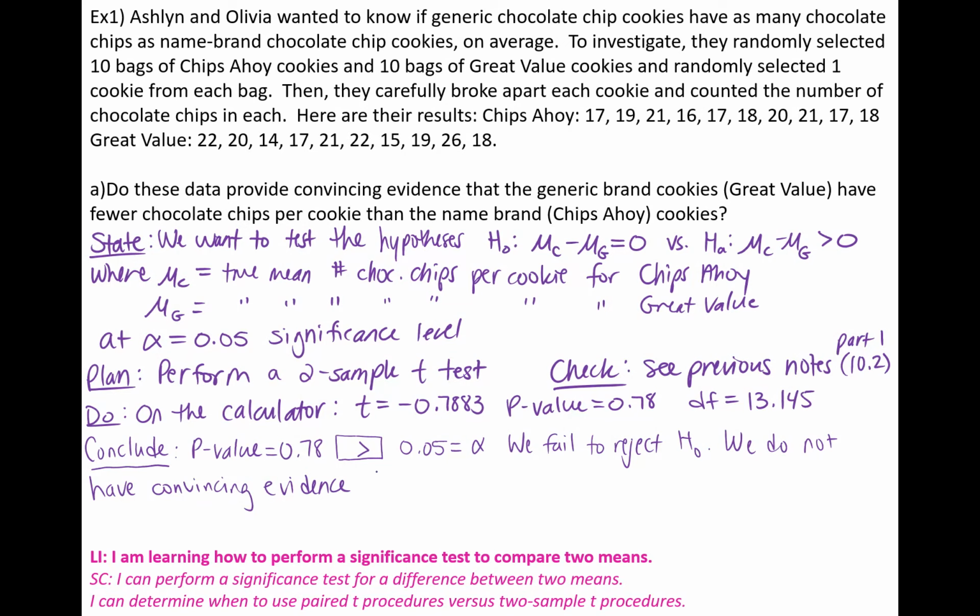So we do not have convincing evidence that Chips Ahoy cookies have more chocolate chips per cookie than our Great Value cookies.